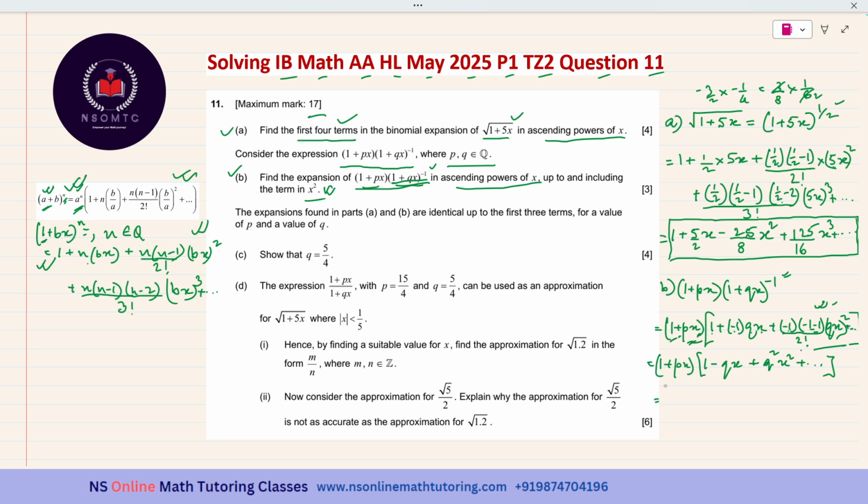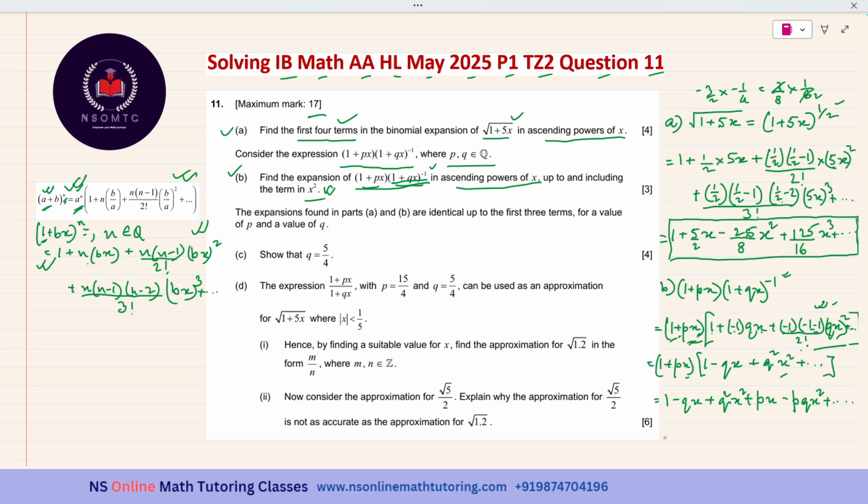So now we can do the multiplication. So 1 times 1 is 1, 1 times negative qx is negative qx, 1 times q square x square is plus q square x square, then px times 1 is px, px times negative qx is minus pq x square, and as I had said, I'll not be requiring this term, it will be having x cube, so I'm writing plus dot dot dot.